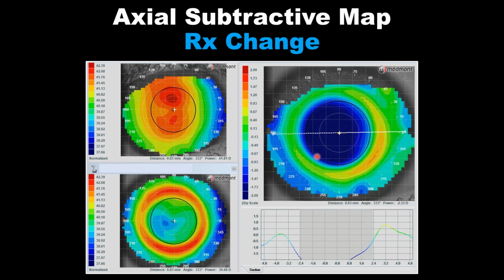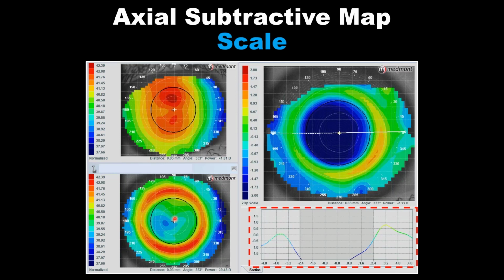The axial map allows us to click our cursor right in the center of the topography and assess the power, in this case 2.33 diopters RX change. So you don't have to do a refraction post-treatment. Your axial subtractive map is going to tell you how much refractive change you created by comparing the radius of the eye before ortho-K to the radius of the eye on the visual axis after ortho-K.